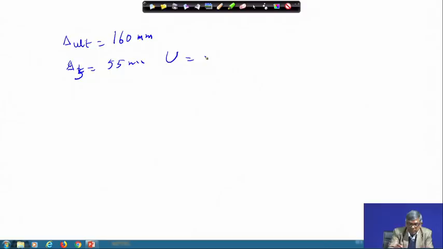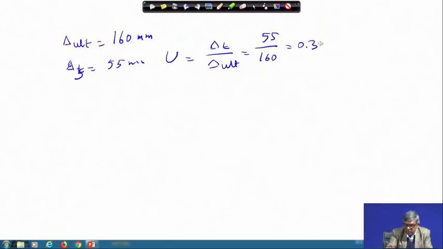U becomes delta t by delta ultimate, so it becomes 55 by 160, which is actually 0.344. So, that is 34.4%.